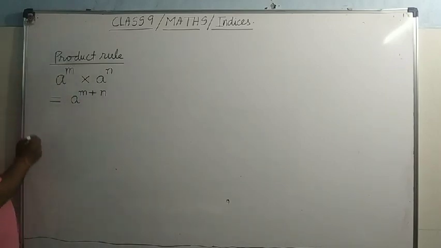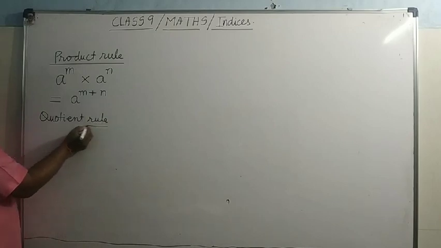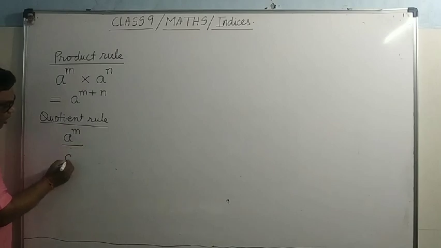Is it clear? Then there is one more rule, the quotient rule. This describes the division between two exponential numbers. For example, a to the power m upon a to the power n.